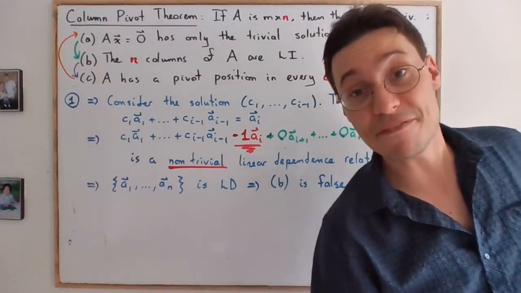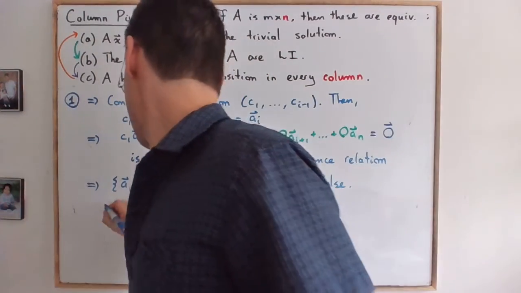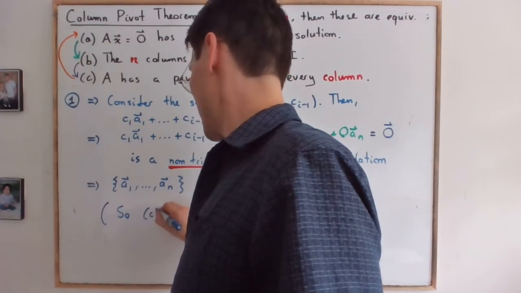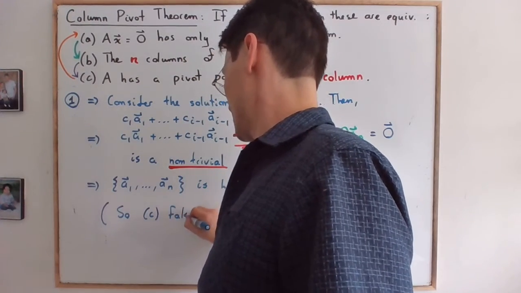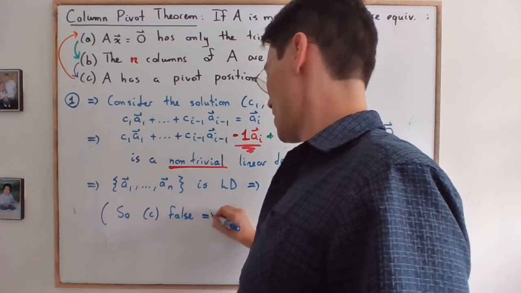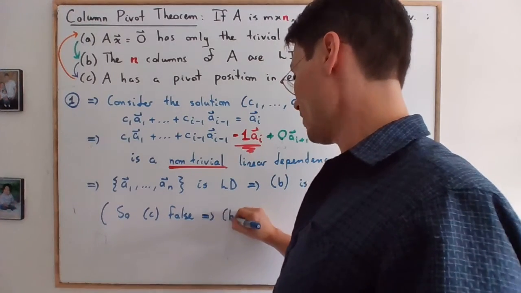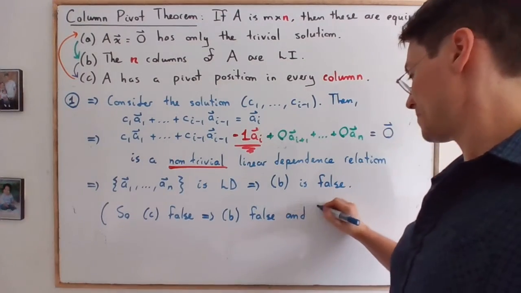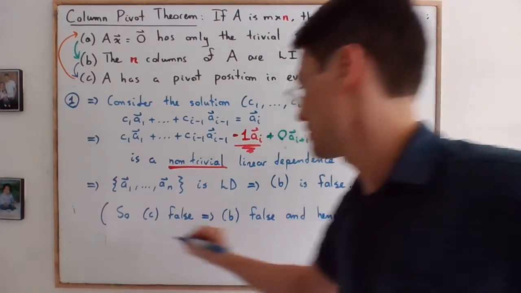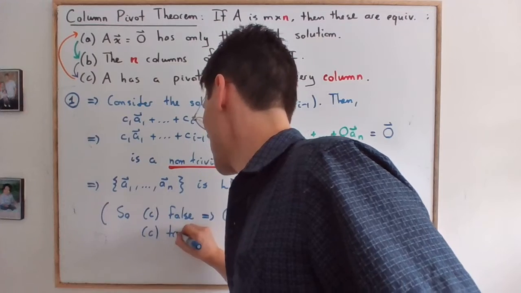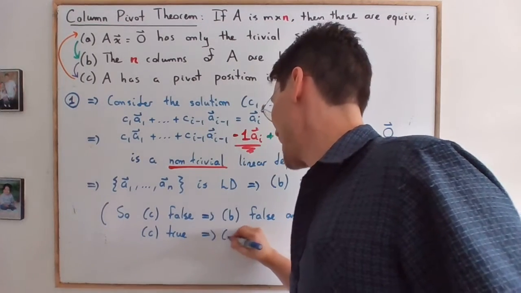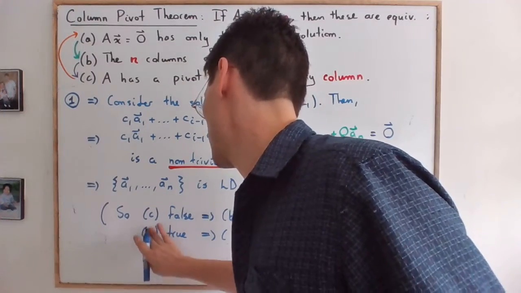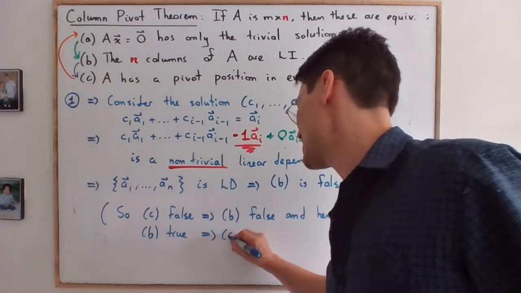And this completes the first part of the proof because C false means that B is false, and hence C true implies that B is true. So that's it. B true implies that C is true.